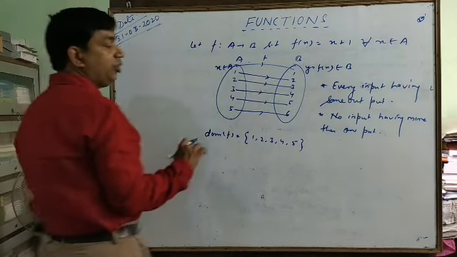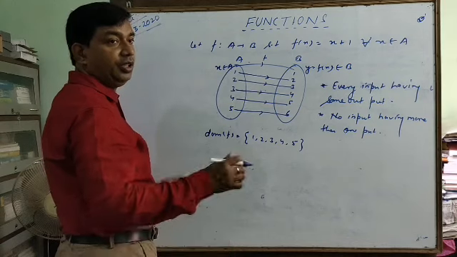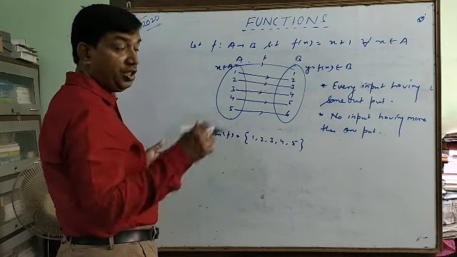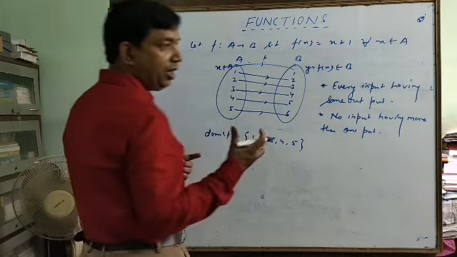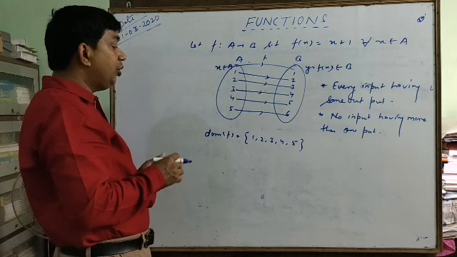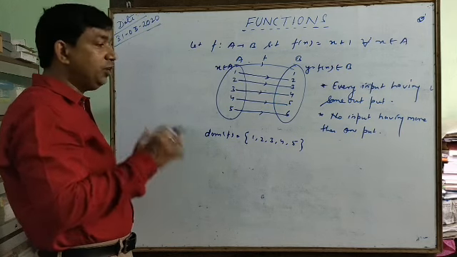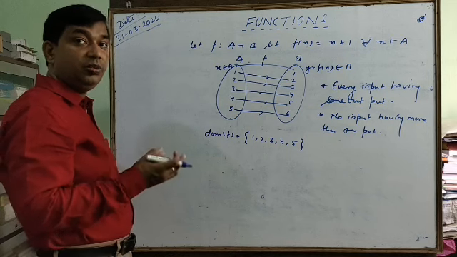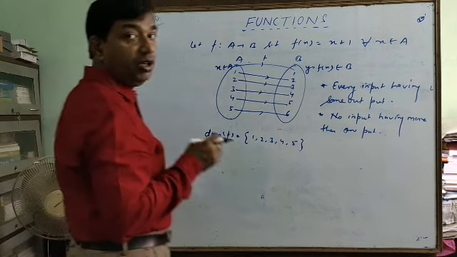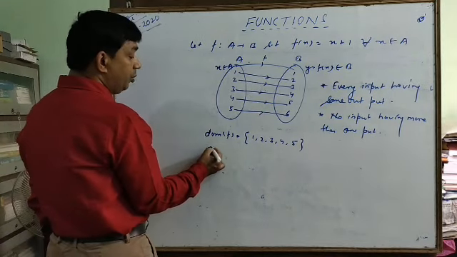So the input device is always treated as the domain. Like in a computer, you see there is a keyboard, a mouse, and then a monitor. In the CPU, there is a hard disk, and in that hard disk all the programs are installed. So when we take the data through the keyboard, whatever keys appear on the keyboard, that is called the domain. So domain means whatever input we can take. And this is the codomain.